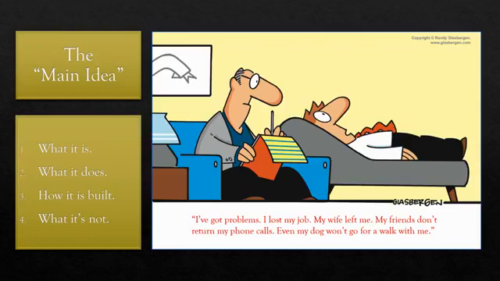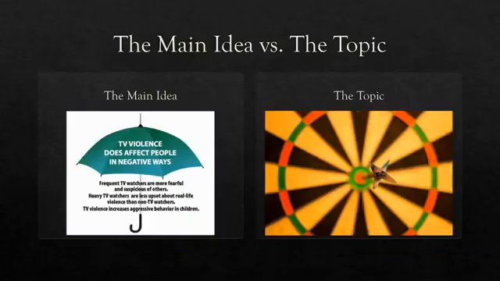And so the main idea offers the point, right? It provides a topic, and it orients us to what we're going to be reading about. The main idea then can be seen as perhaps the umbrella idea. It overshadows, it kind of binds or covers everything that we're going to be talking about.